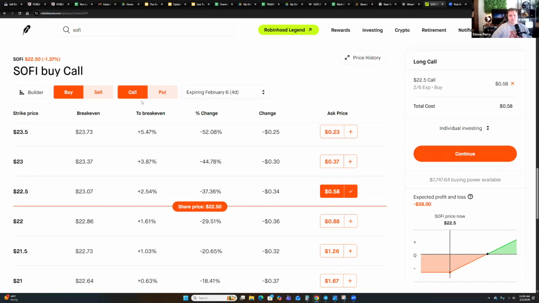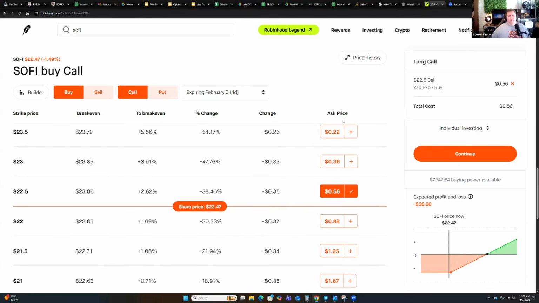If I bought this at the money call right now, it's going to cost me 57 cents per share. Essentially what we're saying is if by Friday SoFi is above $22.50, I get the right to buy at $22.50.